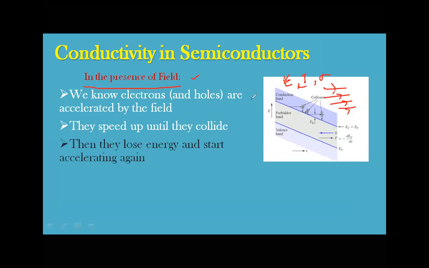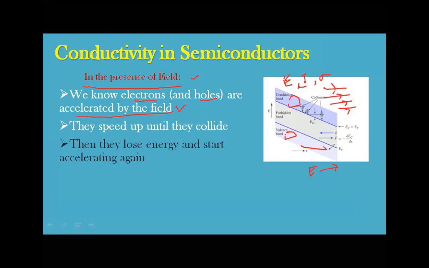Is it clear? So we know that electrons and holes are accelerated by the field. So when you apply the field, beta, they do move. This is the conduction band, this is the valence band.